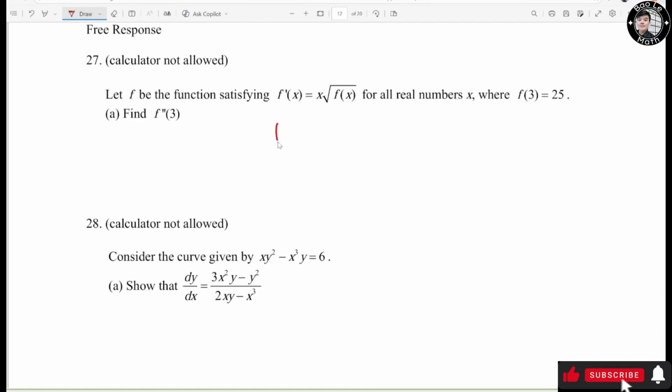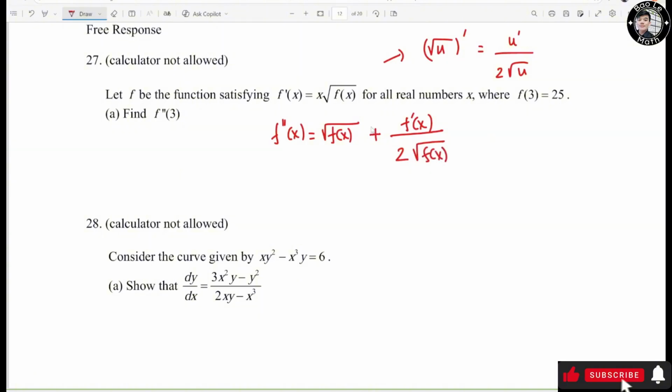So f double prime of s equals, use the product rule, so it could be square root of f of s, plus, we're going to use the formula for the derivative of square root of u: it could be u prime over 2 square root of u. So it could be f prime of s over 2 square root of f of s times s right here.